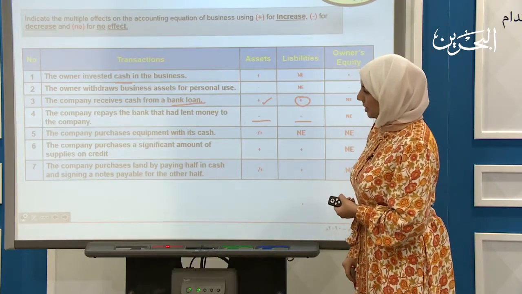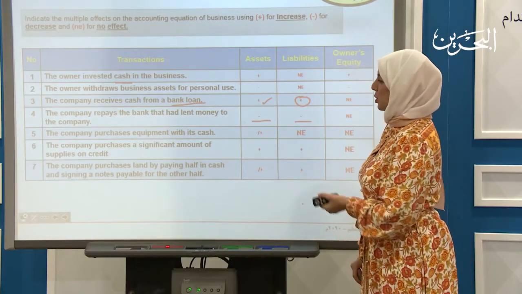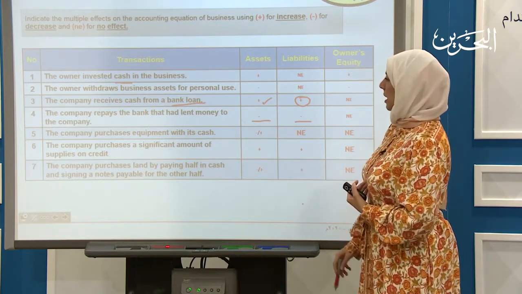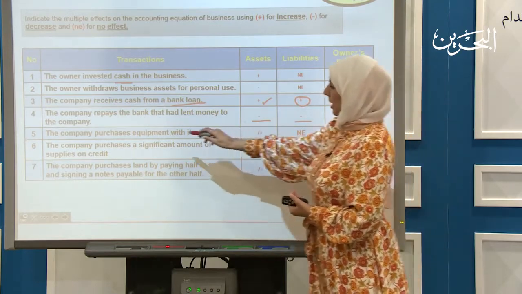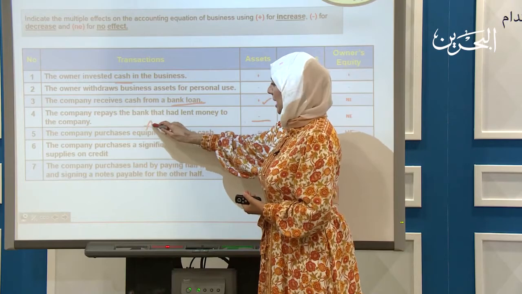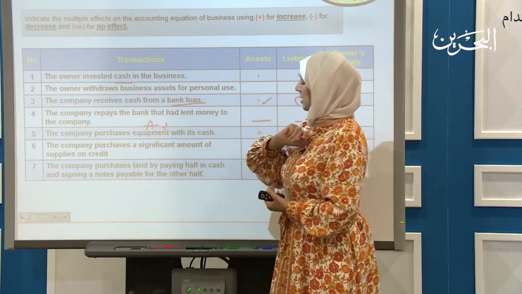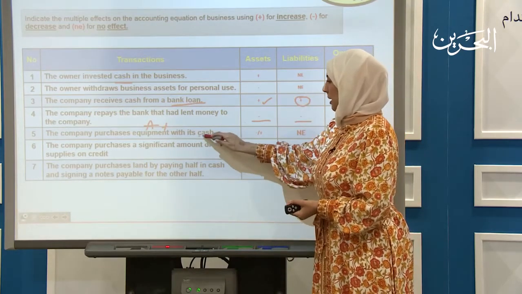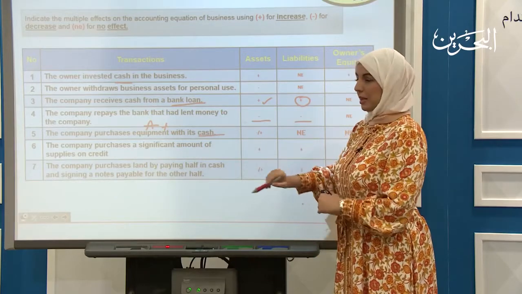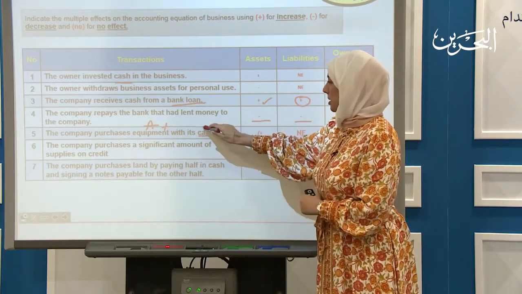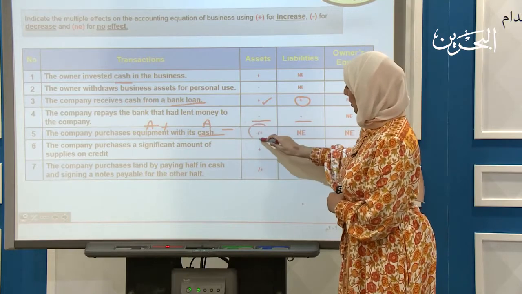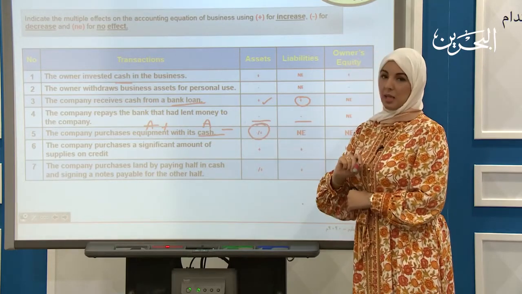Moving to the fifth transaction, the company purchases equipment with its cash. If I purchase equipment, the equipment will increase. And I know that the equipment is an asset, and this asset will increase. And I pay cash, so the cash will decrease. And I know the cash is also an asset. So both of the effects will be on the asset side.